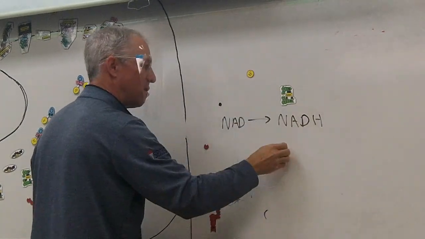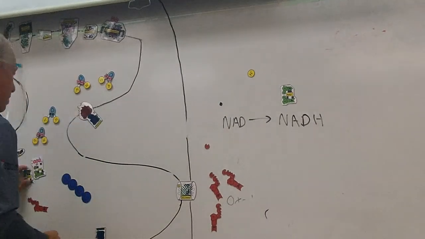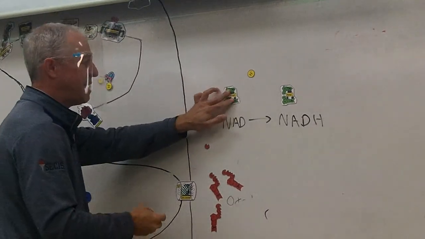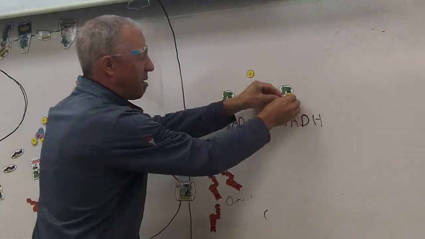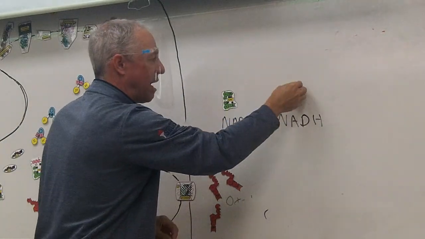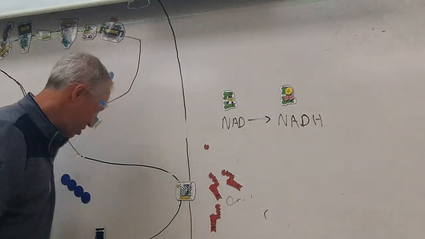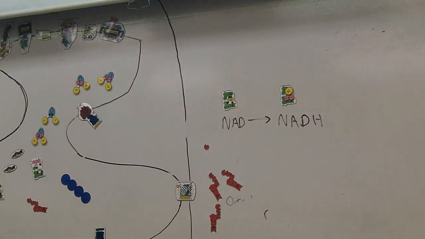So here's NAD. When it picks up electrons and a hydrogen, it becomes NADH. Can you see up there where the hydrogen it picked up is? Yeah, the very top.